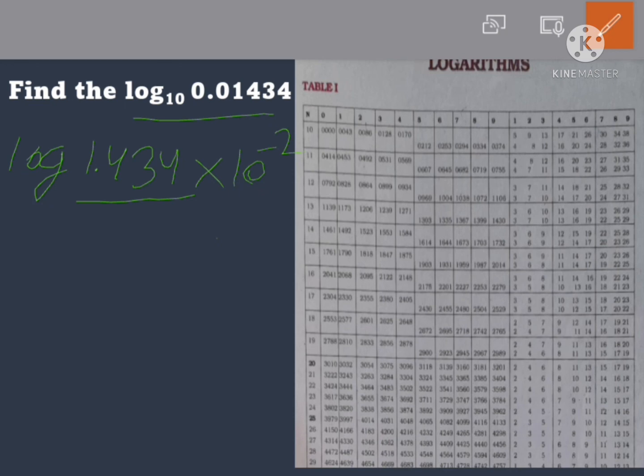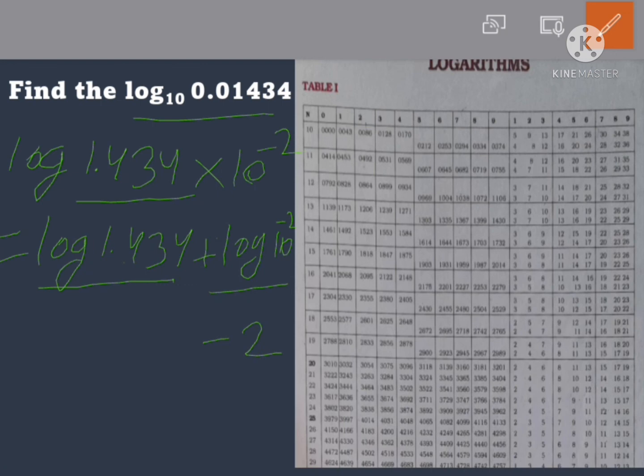So by applying the law of logarithm, I get log of 1.434 plus log of 10 raised to the power minus 2. I will find the value of log from the log table, and for this I know that it is minus 2.